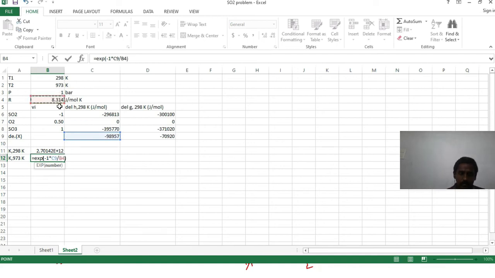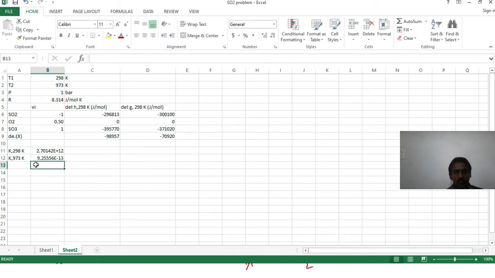Let me close this term here, multiply by, open a bracket, again open a bracket, 1 divided by T2, which is 973 Kelvin, close a bracket, minus, open a bracket, 1 divided by T1, that is 298 Kelvin, close a bracket, again close a bracket.